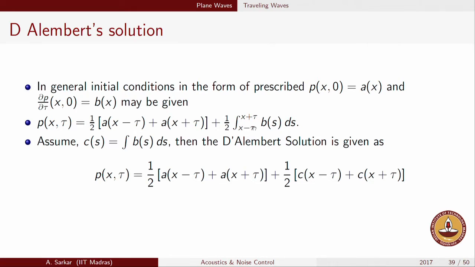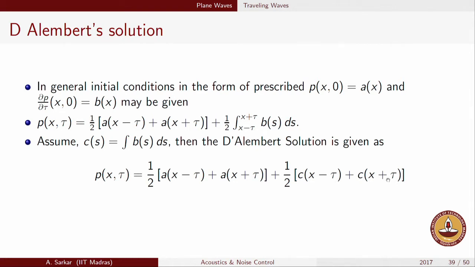Remember, this is the definite integral where the limits are from x minus tau to x plus tau. So, c is the indefinite integral as per the substitution, and what is incorrect is this plus sign, it has to be c of x plus tau minus c of x minus tau.